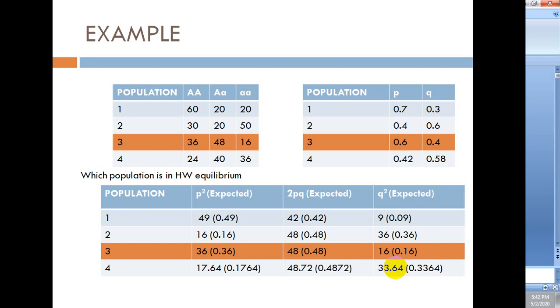But when the population is not in HW equilibrium, why are we interested in finding that out? It is because when the population is not in HW equilibrium, the population may be a progressive one, or a retrogressive or declining one.